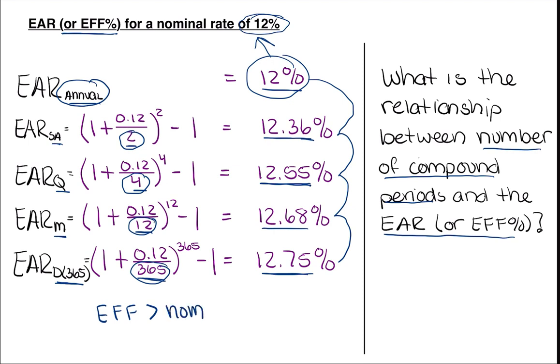So if we're compounding more than once a year, then our effective rate will be greater than our nominal rate.